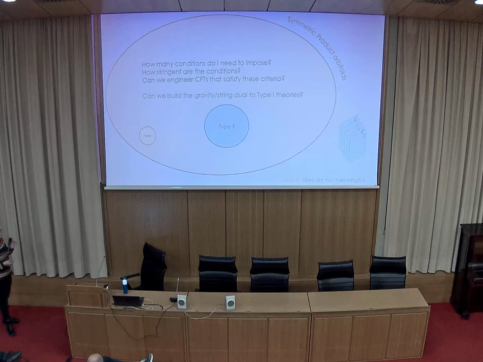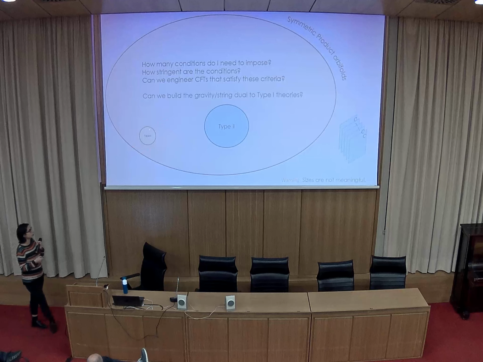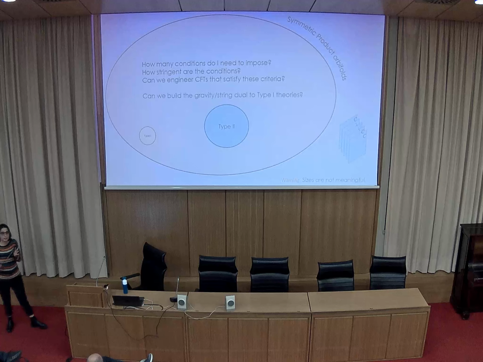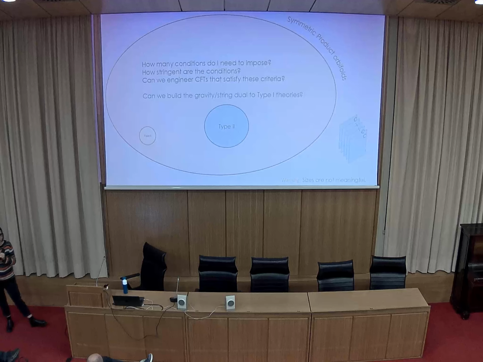So given that, for instance, I have established that within symmetric product orbifolds, they're not all the same. There's some of them that could lead to something holographic, and they're in this little circle here. Would you have told me, this is enough, now we're done, this will lead to a holographic CFT, or what else do I need to do to convince you this thing will have a holographic CFT?